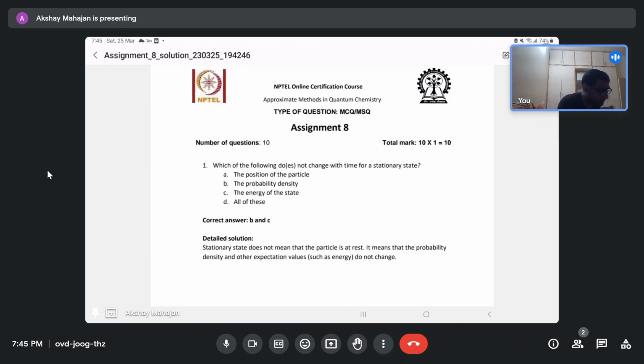The first question was: which of the following does or does not change with time for a stationary state? The position of a particle, the probability density, the energy of the state.